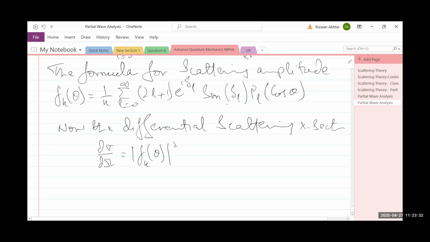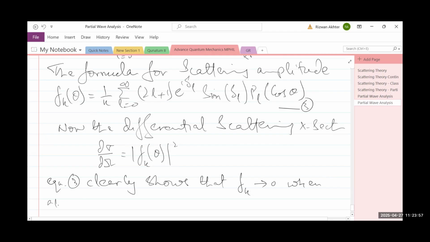In summary, if I call this equation number 3, equation 3 clearly shows that f sub k tends to 0 when all delta L go to 0. We say this because these phase factors are a function of the angular momentum.